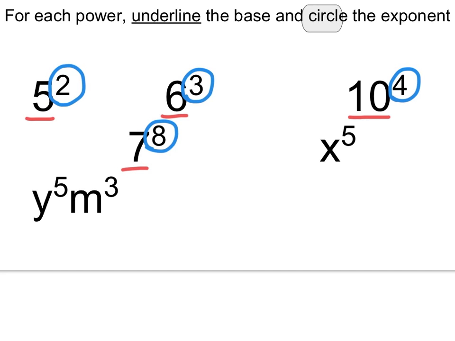The next example, our base is the variable x, and our exponent is 5. And in our very last example, here we have two bases and two exponents. Our first base is y, our second base is m, our first exponent is 5, and our second exponent is 3.